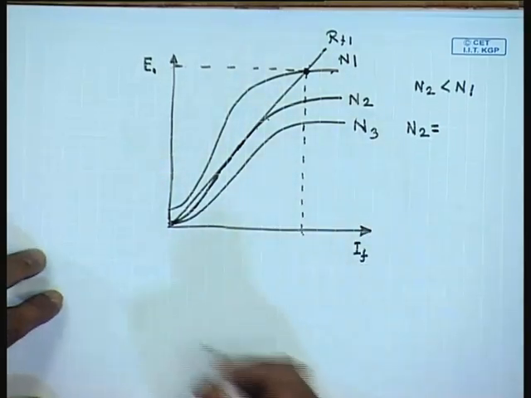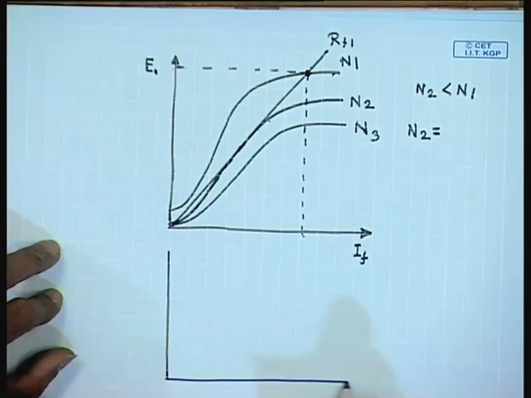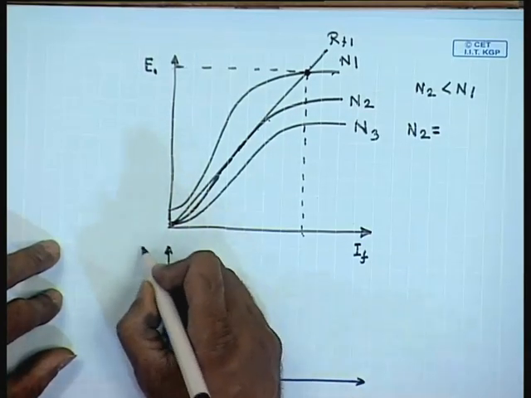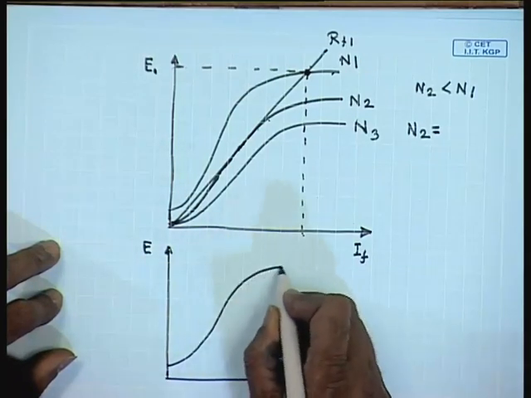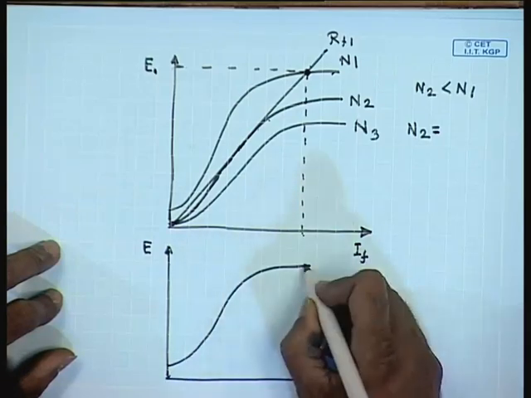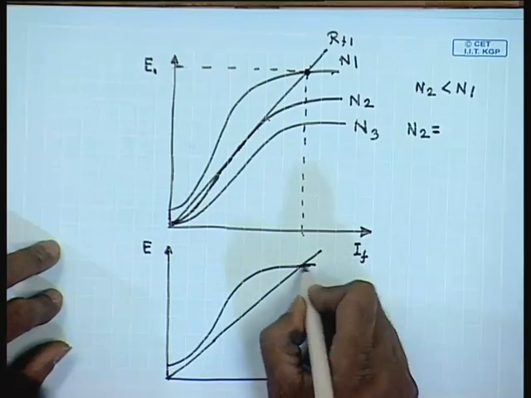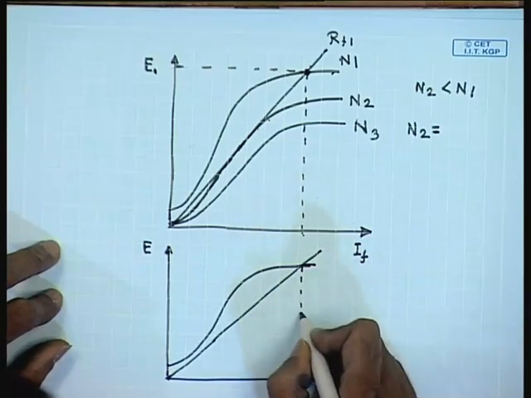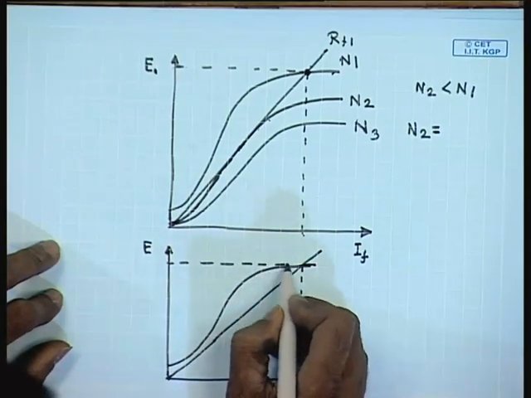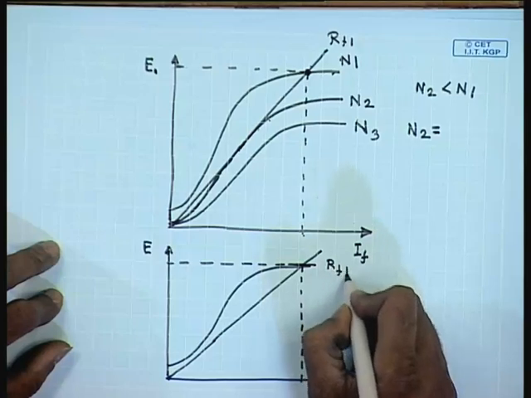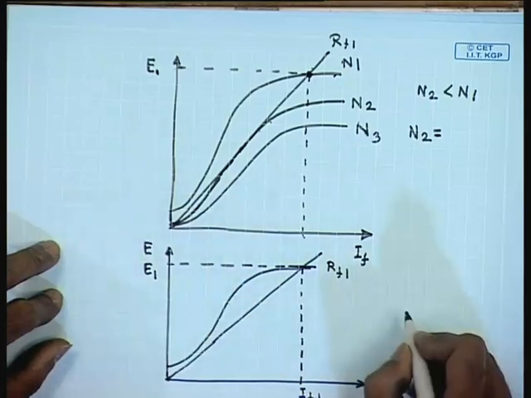It should be understood also that the terminal voltage of the generator at no load can be adjusted by controlling the field resistance. For example, at a given field resistance Rf1, the field current is If1 and the generated no load voltage is E1.